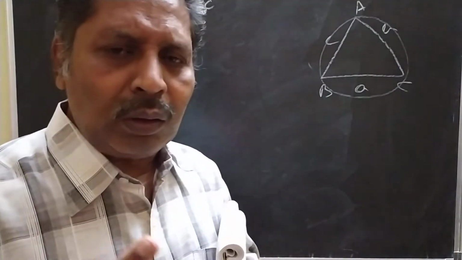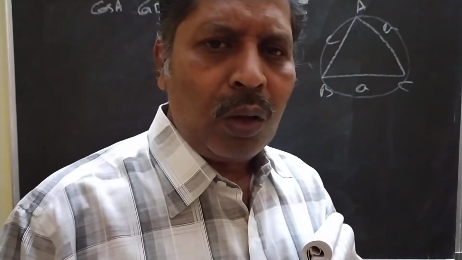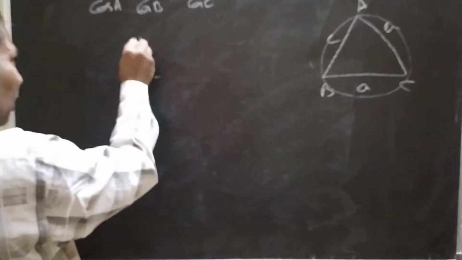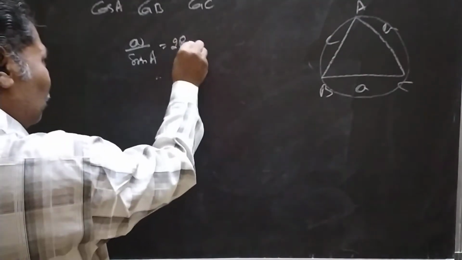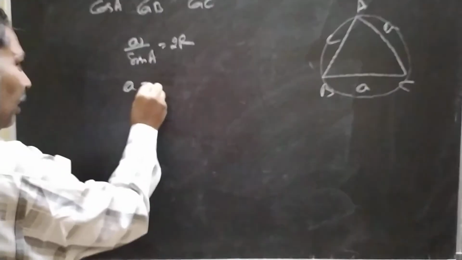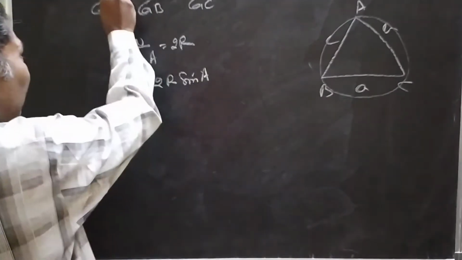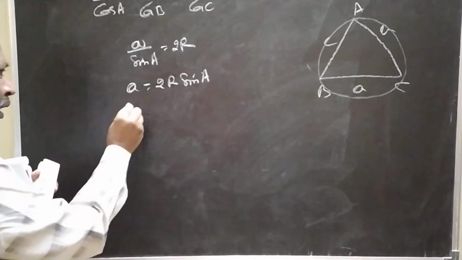So in properties of triangles, junior inter, we know that a by sin A equal to 2R. a equal to 2R sin A. Calculate delta a.